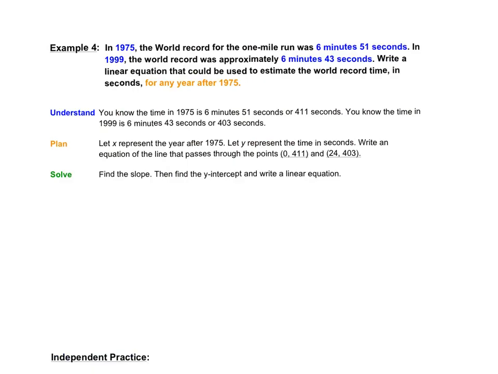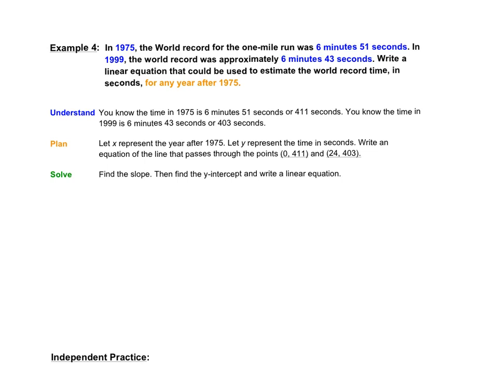Here's a lengthy word problem. So in 1975, the world record for the 1 mile run was 6 minutes 51 seconds. In 1999, the world record was approximately 6 minutes 43 seconds. Write a linear equation that could be used to estimate the world record time in seconds for any year after 1975. So let's see. First, we need to understand what's happening.